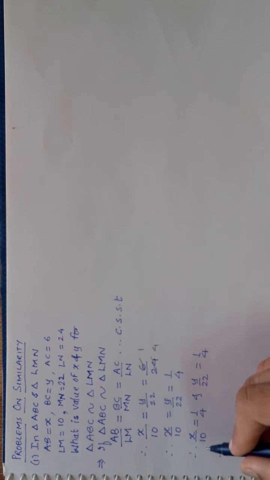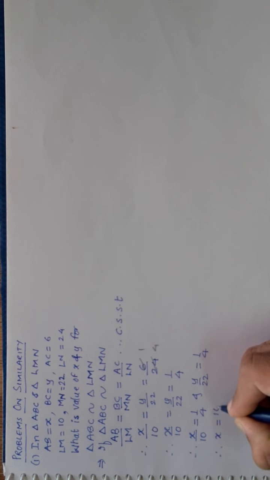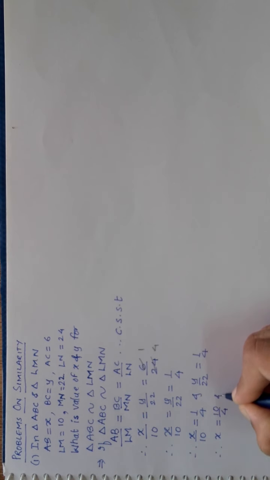So I will transfer this 10 to the right side. So I get X is equal to 10 by 4 and same, Y is equal to 22 by 4, which can be found out as X is equal to 2.5, and Y is equal to 5.5.